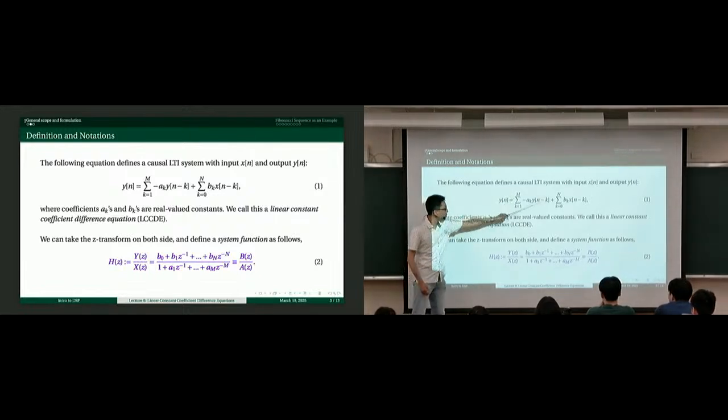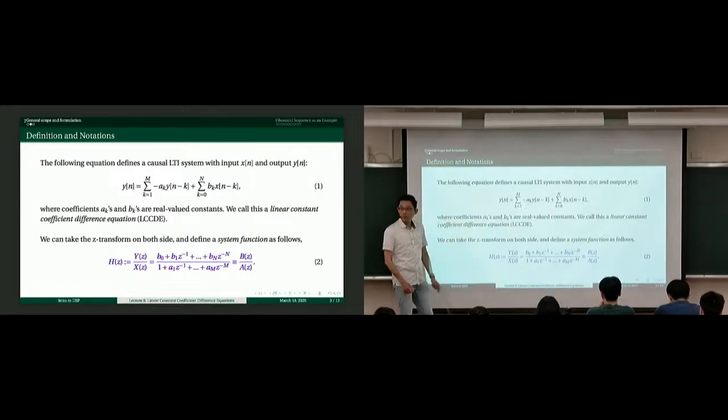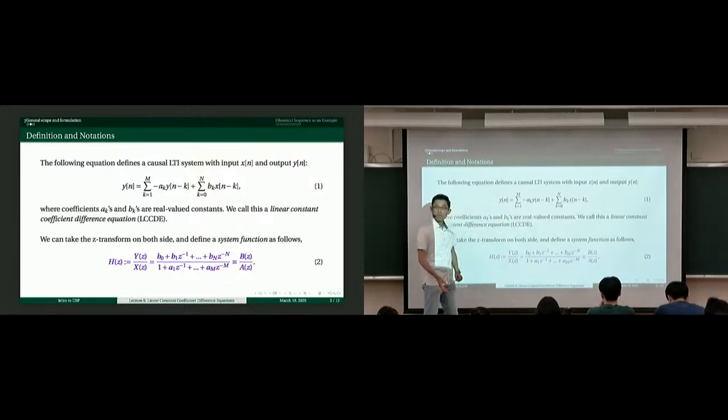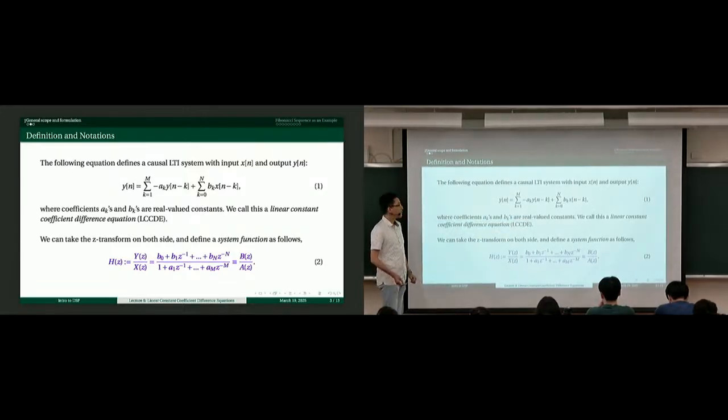The linear combination coefficients are all constant. The a and b coefficients are also constants. That's the definition, with y[n] on the left-hand side and everything else on the right-hand side.